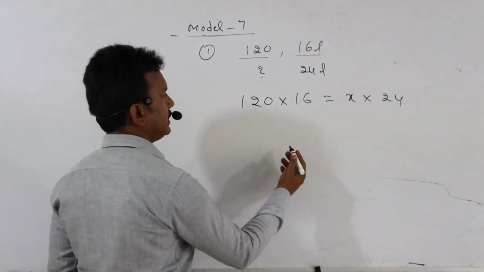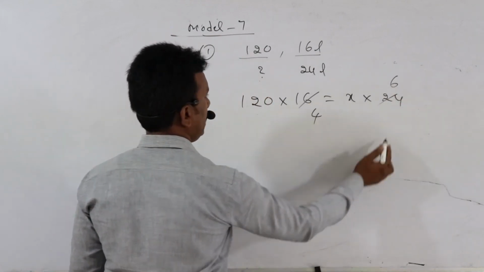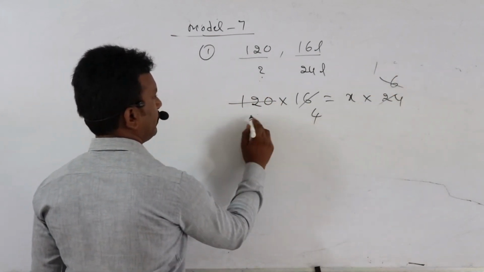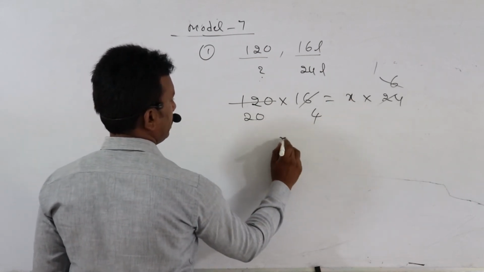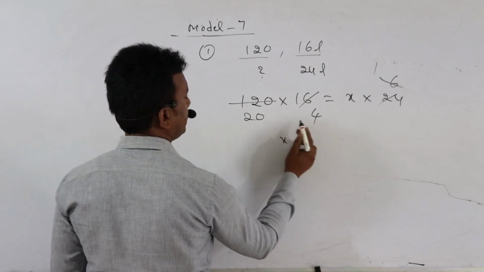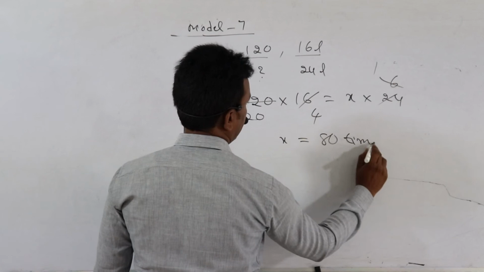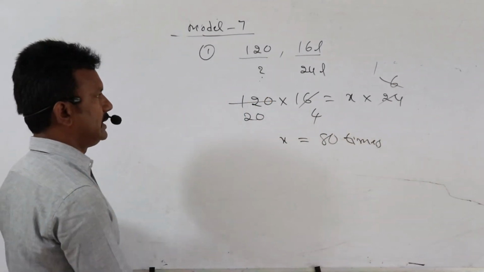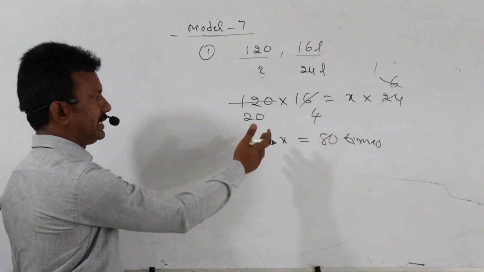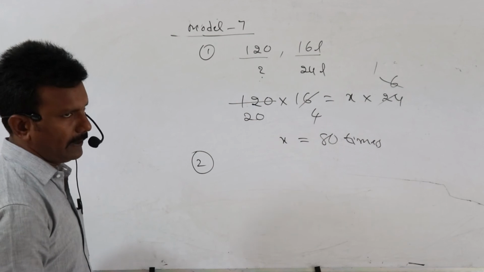Write the cancellations: 4 sixes, 4 fours, 6 ones, 6 twenties. So x, the required number of turns, is 80 times. This is the model 7 first problem, and next we write the second problem of the same model.